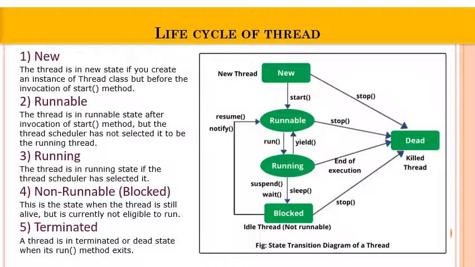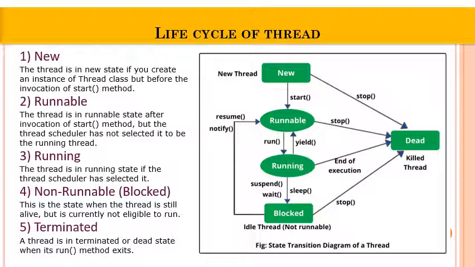The downward arrow shows that the newborn state is started, and the arrow at the right hand side shows the stop method. So only these two methods are used for the newborn state.